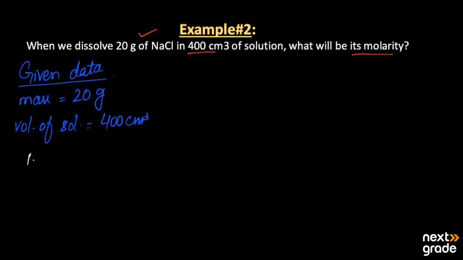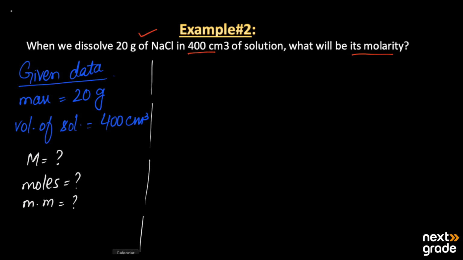We need to find the molarity, but we don't have the moles, and we need to find the molar mass. So here we have to find three things: molarity, moles, and the molar mass. Let's start from the moles. Before finding the moles, we need to know the molar mass, because the formula for moles is mass in grams divided by molar mass.